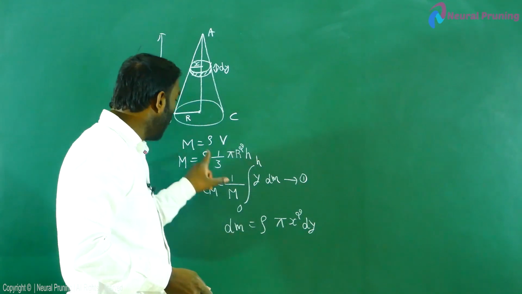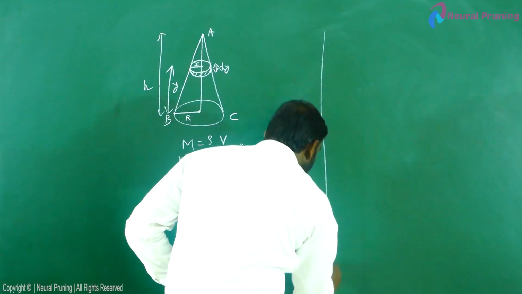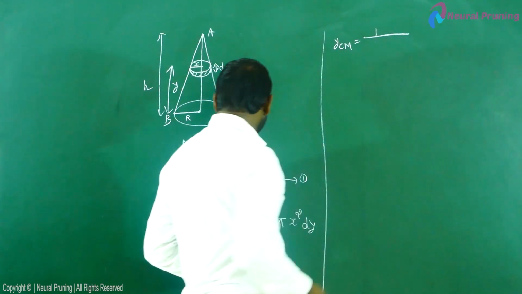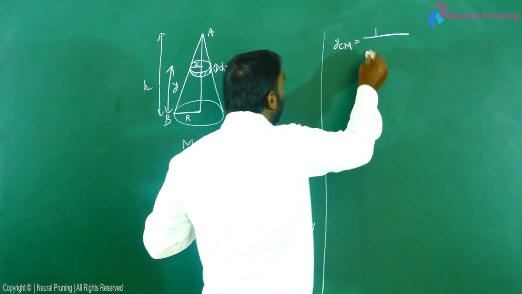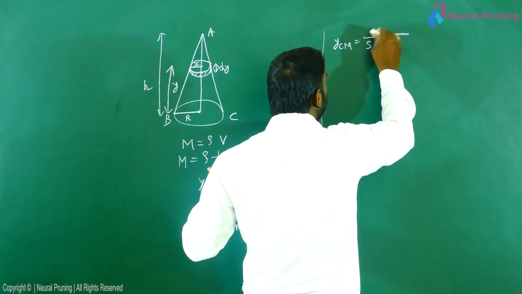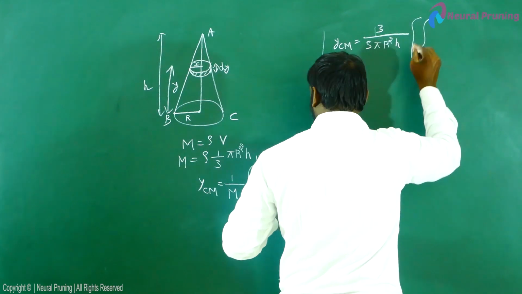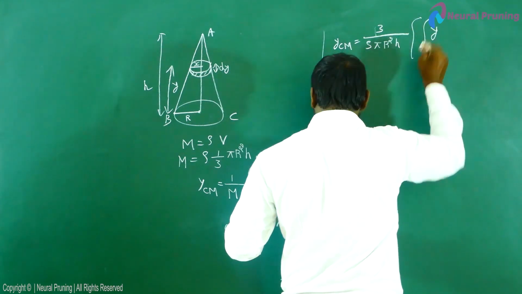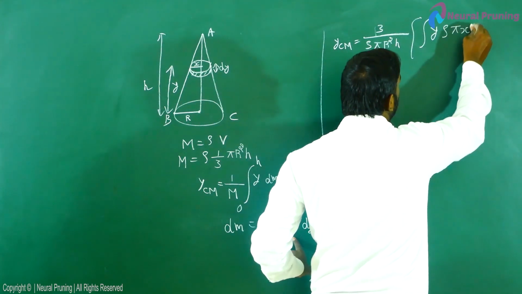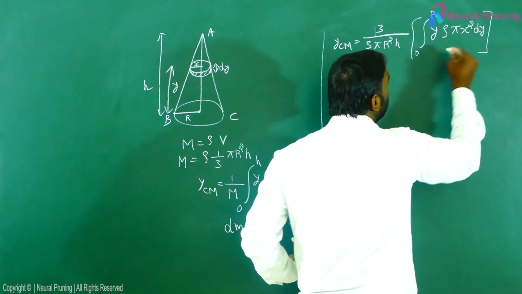So I'll substitute the values of m and dm in this equation. YCM is equal to 1 by mass is rho pi r square h by 3, so I'll send it to the numerator, into integration of y into dm is rho pi x square into dy from 0 to h.